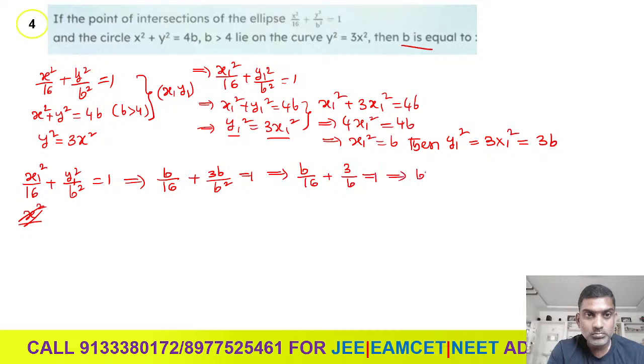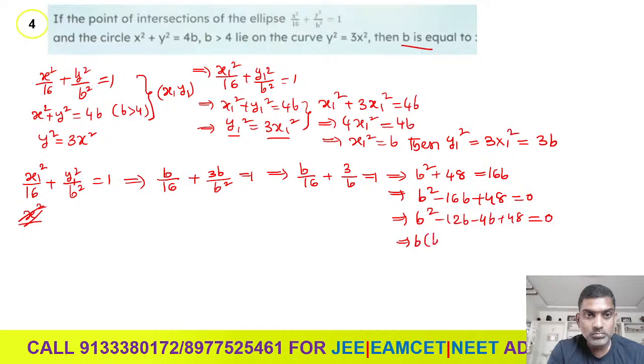So we get b times b square plus 16 times 3, that is 48, is equal to 16b. So that we can get b square minus 16b plus 48 equal to 0. Right? So this can be written as b square minus 12b minus 4b plus 48 equal to 0.